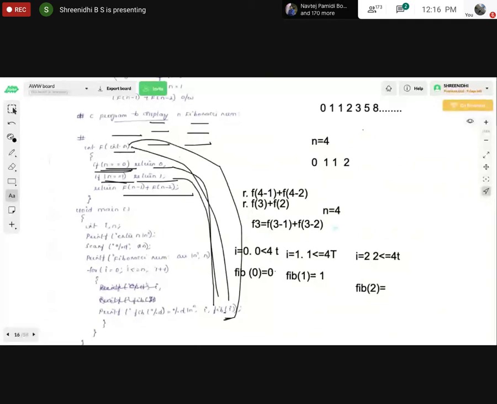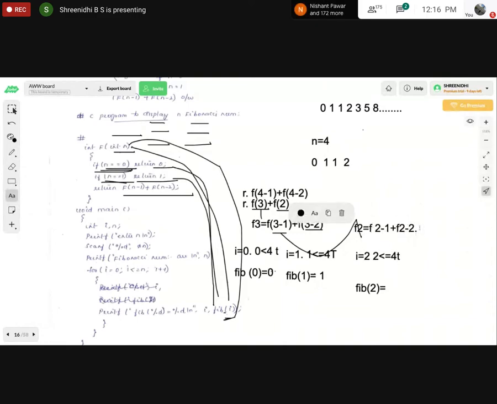Again this will be f of 2. f of 2 will be equal to f of 2 minus 1 plus f of 2 minus 2. Whenever I calculate this, I have to calculate f of 2, so I'm decomposing this one here. What will be f of 2?